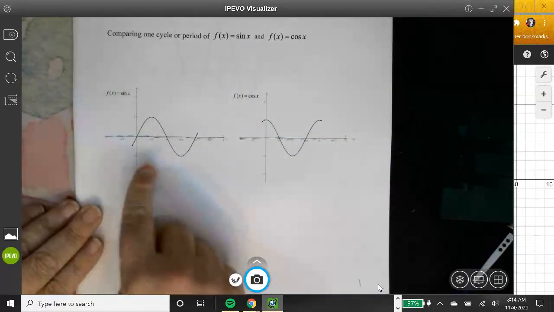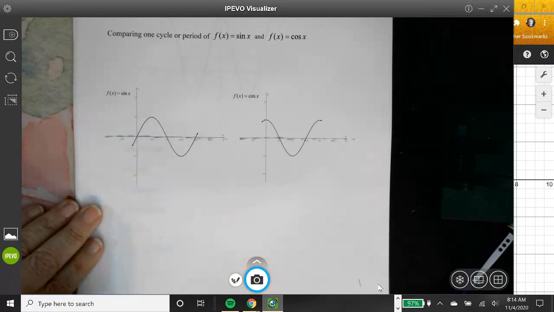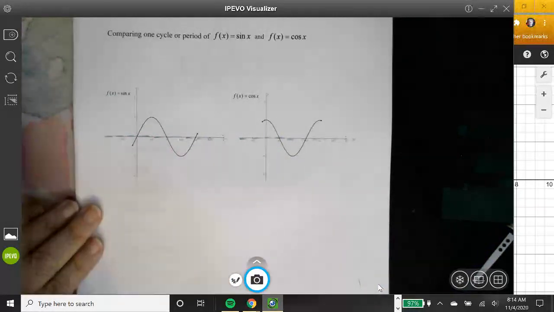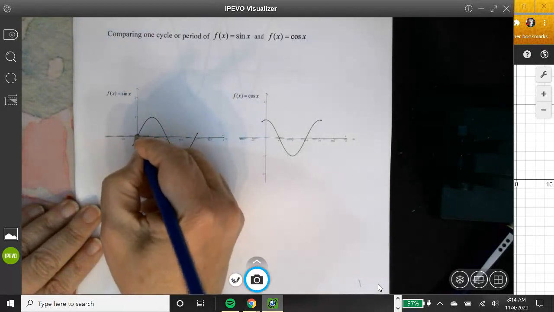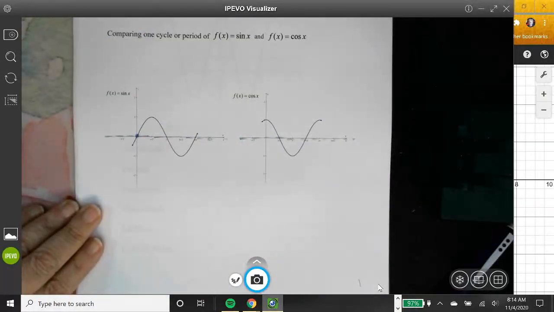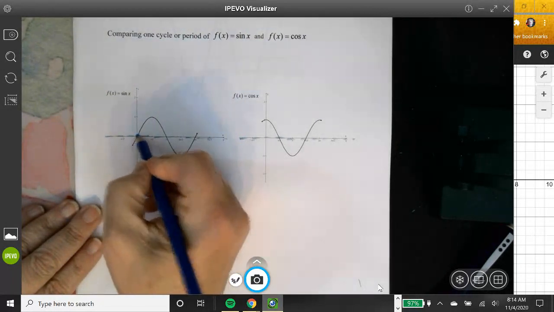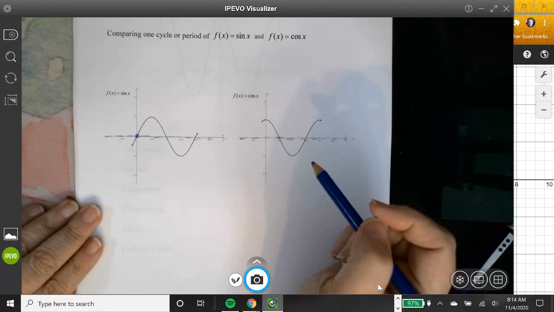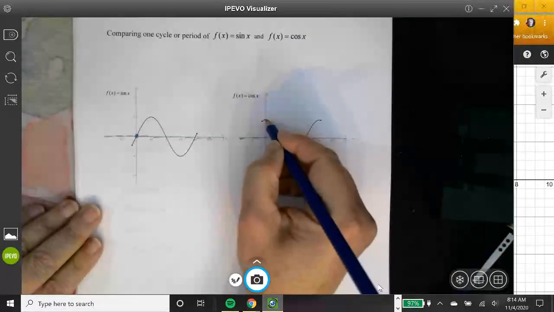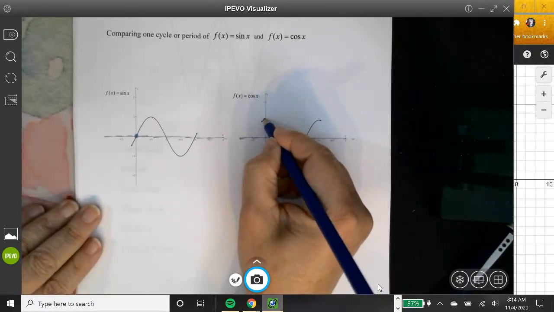If you notice that the sine curve, when you're graphing it, always starts on, the first critical point is going to be always on the midline. Okay? Always on the midline when you're graphing it. When you're going to graph a cosine curve, I would like you to notice that you're going to be off the midline.